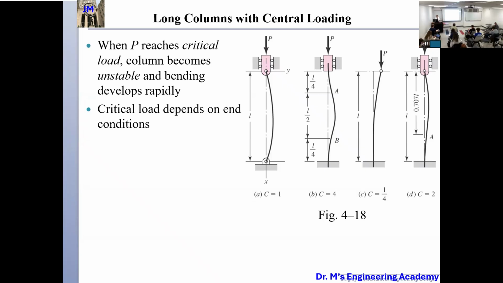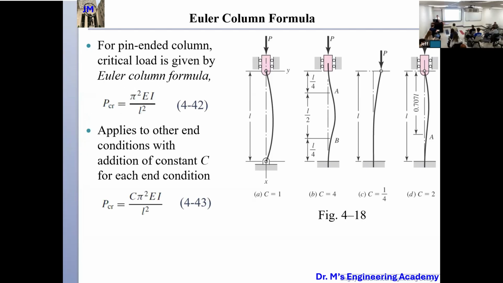And C is related to the critical load. So what is the meaning of C? C is a factor that corresponds to the case scenario. For us to calculate the critical load, for the pin-ended column, the critical load is given by the Euler column formula.